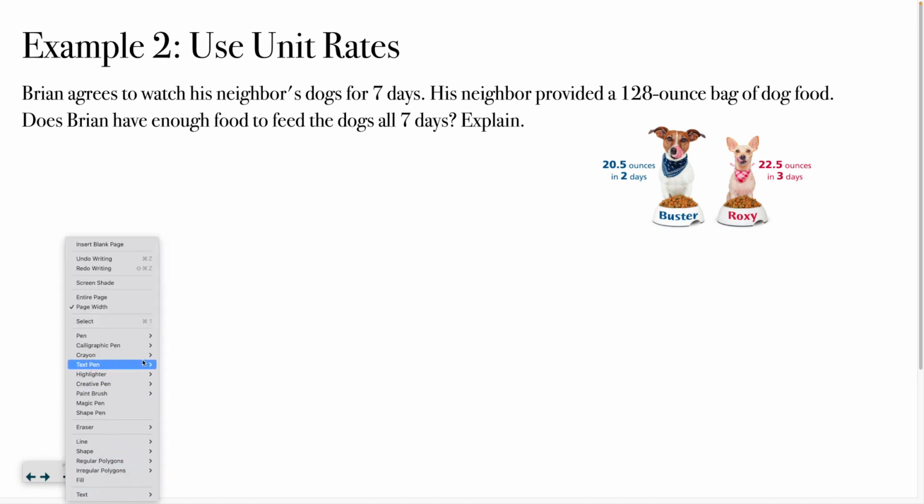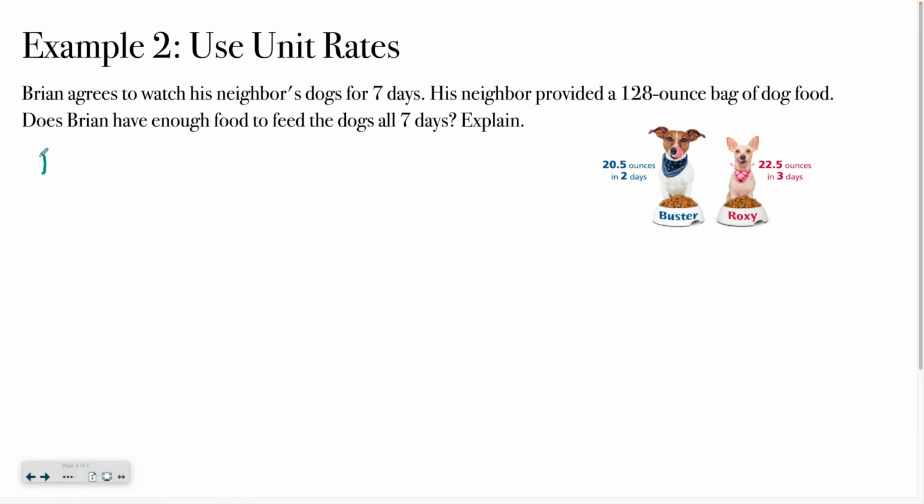I'll start by calculating how much food Buster needs. Based on this information, he eats 20.5 ounces, and that's how much he eats in 2 days.